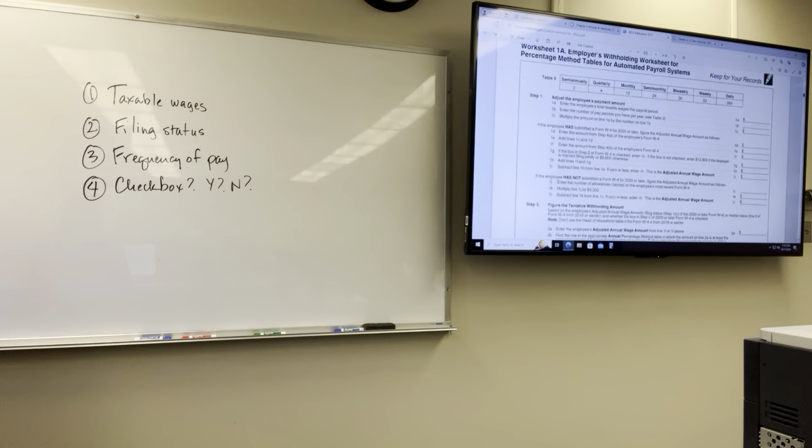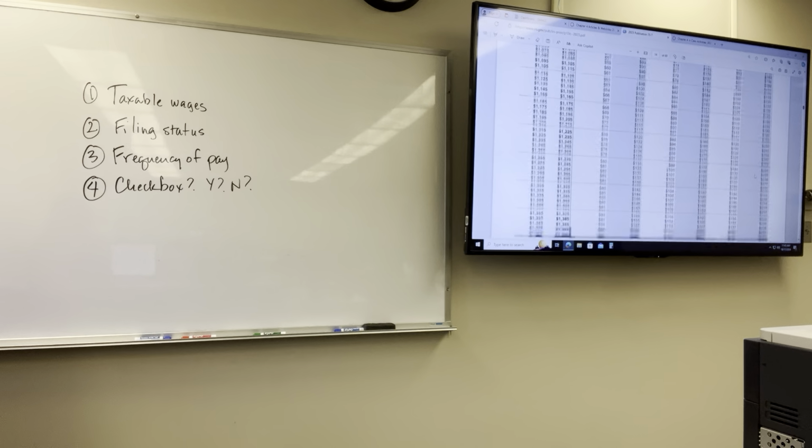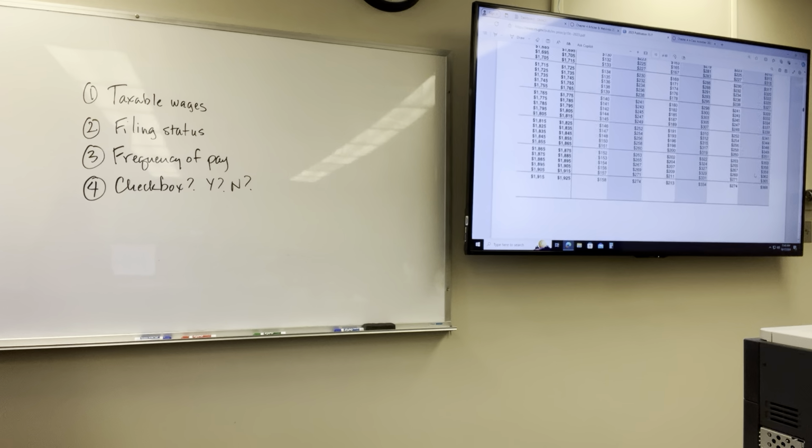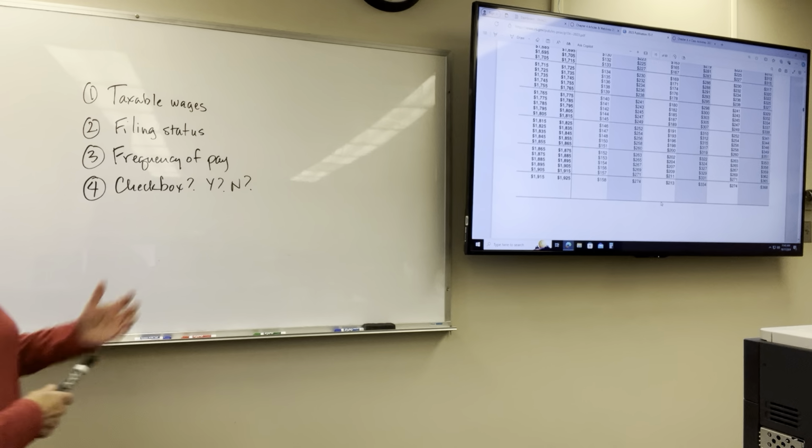So that first pay period, it's all going to be listed up here. So weekly payroll period. If we've got an individual who has earned on a weekly basis more than $1,925, this is the end of the table here, we cannot use this method anymore. We have to use the percentage method.